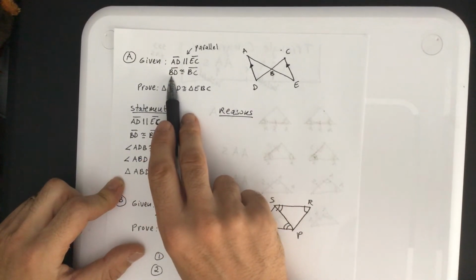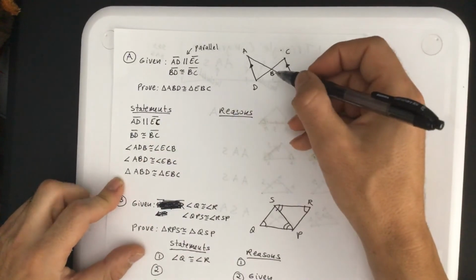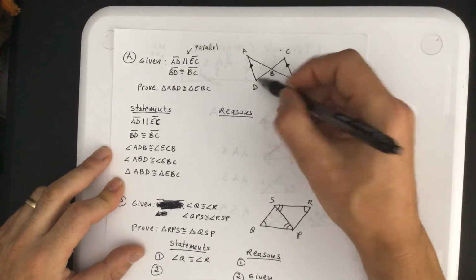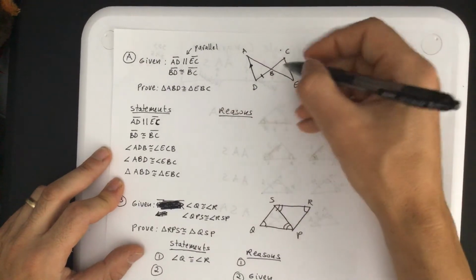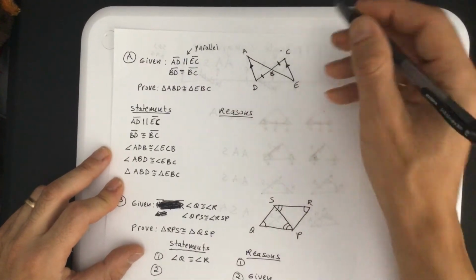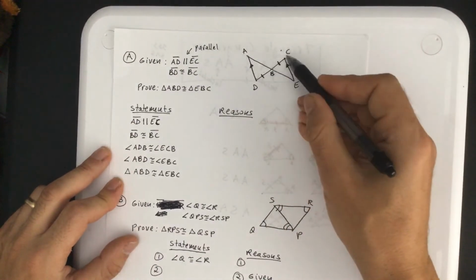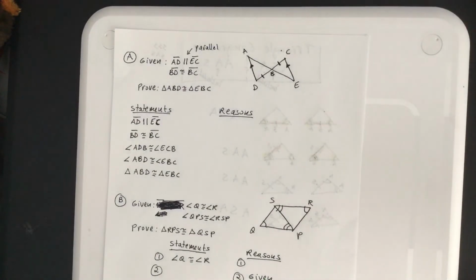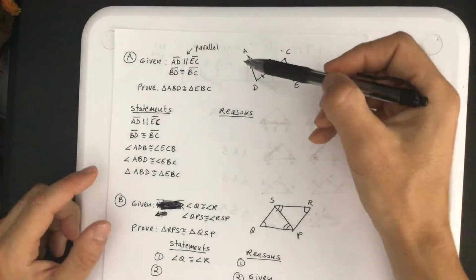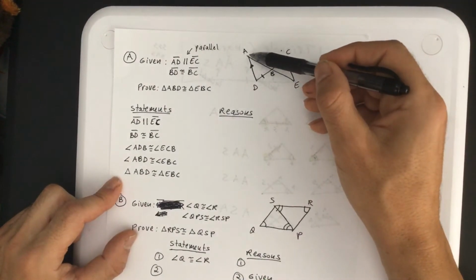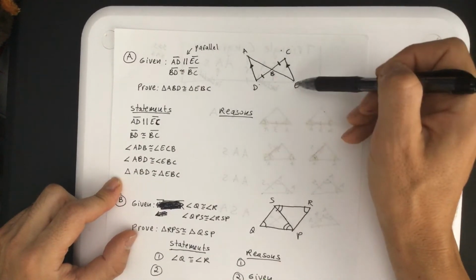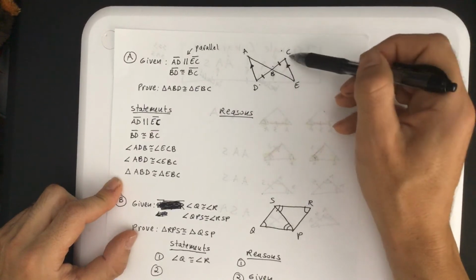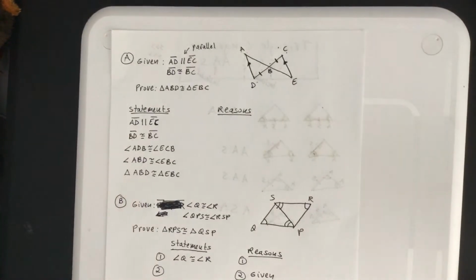And also given that BD, so let's mark it down over here. BD is congruent to BC, so we know that. This is the same thing as that one, right? Congruent. Prove that triangle ABD and triangle EBC are congruent to each other.